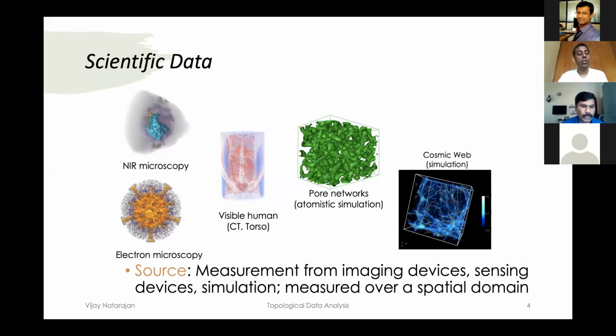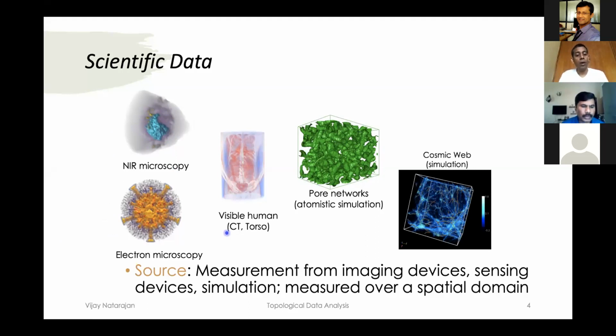What is shown here is a tumor highlighted from a breast image. What you see here is data from an electron microscope of a virus called the human adenovirus. So scientific data could refer to data that comes from such imaging devices.